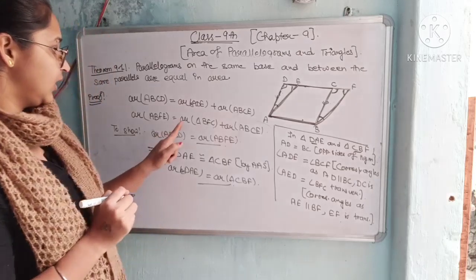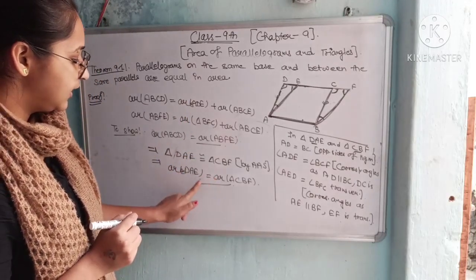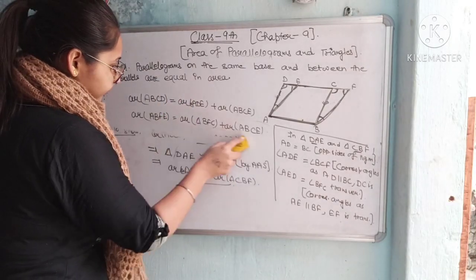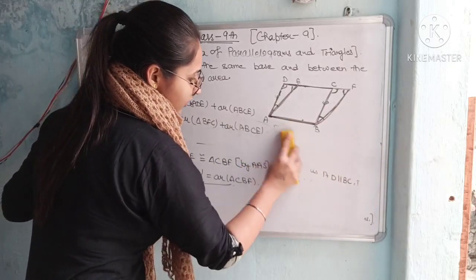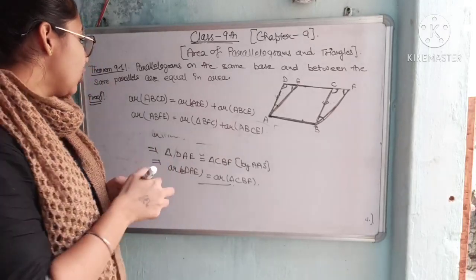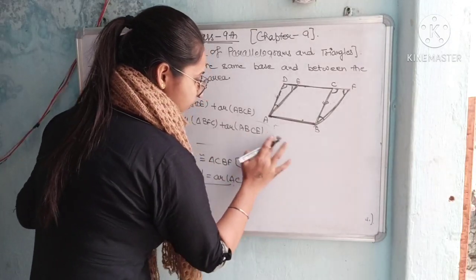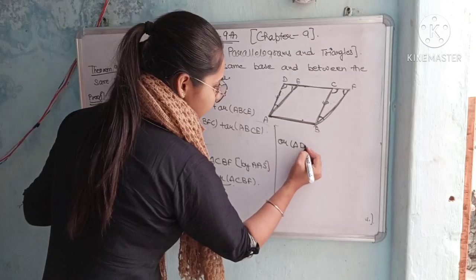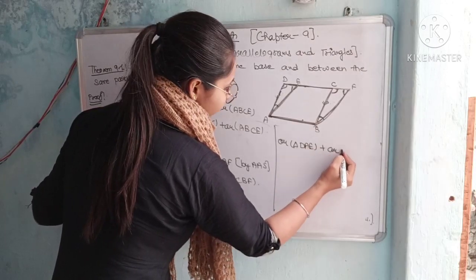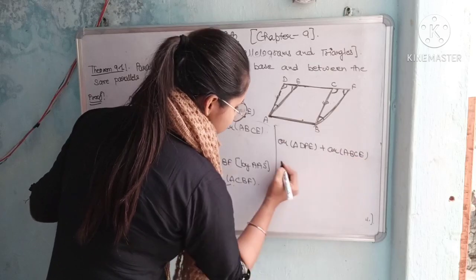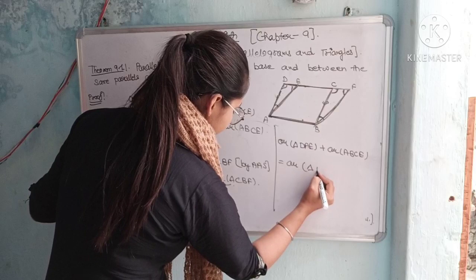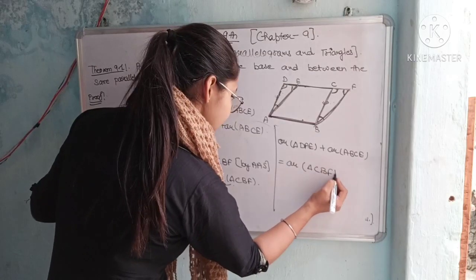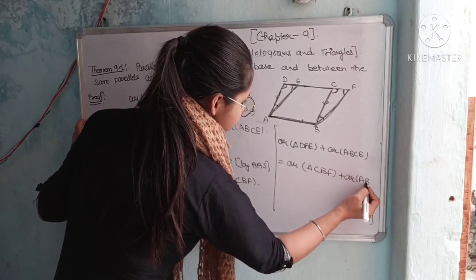Now put this condition in this equation: if the area of triangle ADE is equal to the area of triangle CBF, then we can show that the area of ABCD is the area of triangle DAE plus the area of ABCE, and that is equal to the area of triangle CBF plus the area of ABCE.